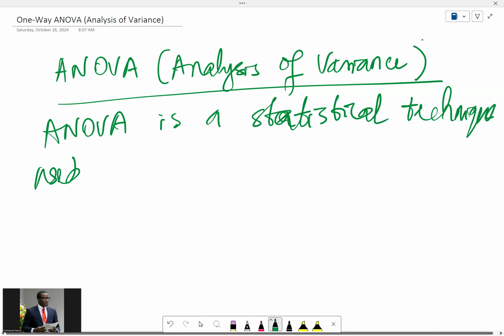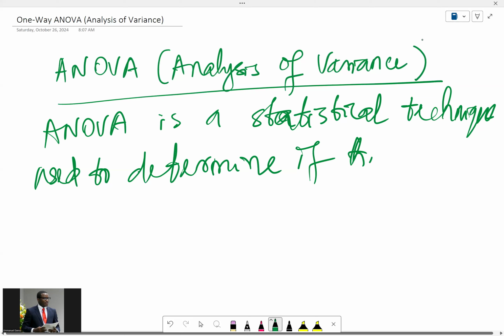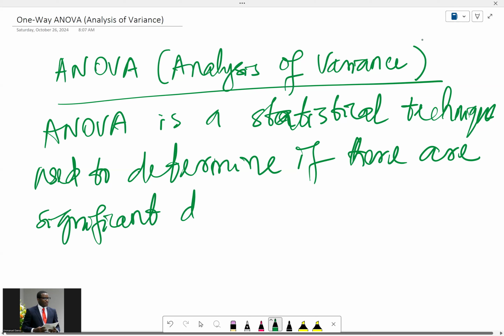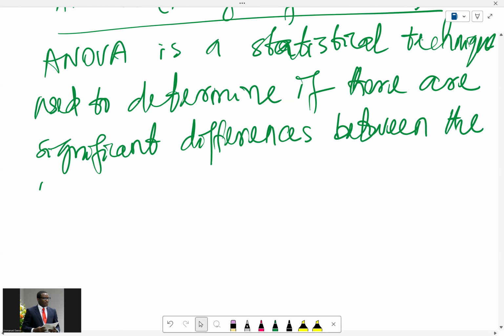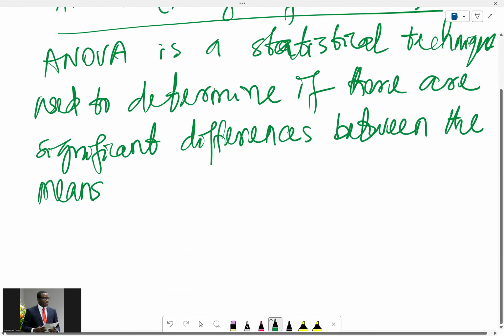used to determine if there are significant differences between the means of three or more groups.